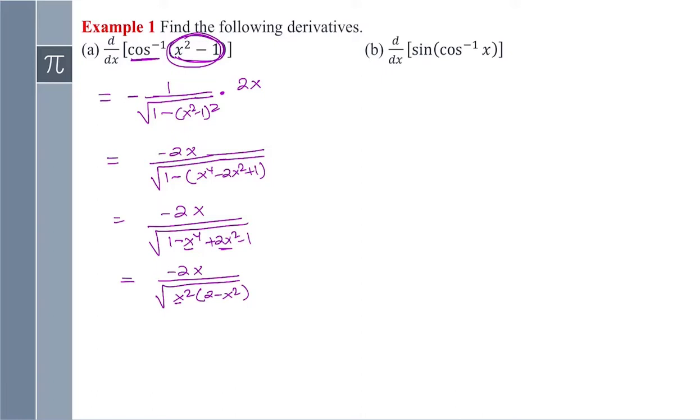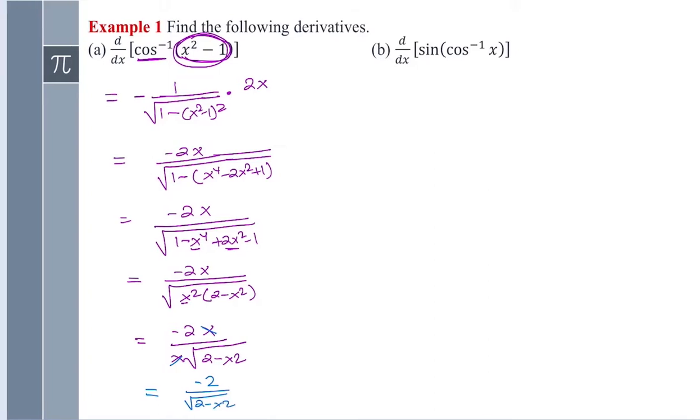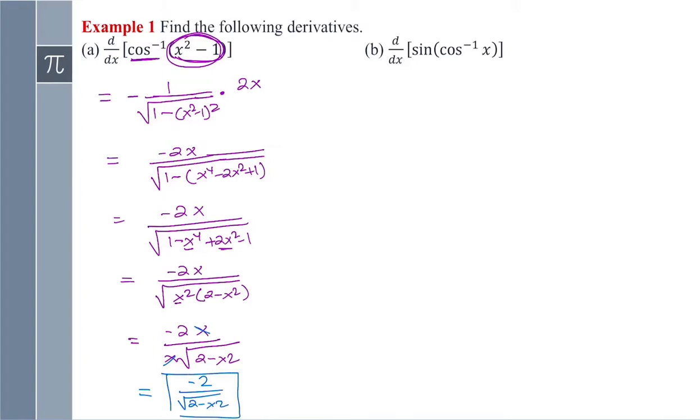Now if we pull that out of the square root, we get negative 2x over x times the square root of 2 minus x squared. Then we can cancel out this x and this x. So the final answer is negative 2 over the square root of 2 minus x squared. That is the derivative of the given function.